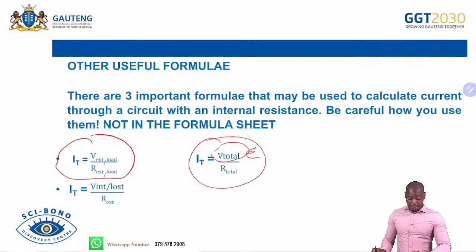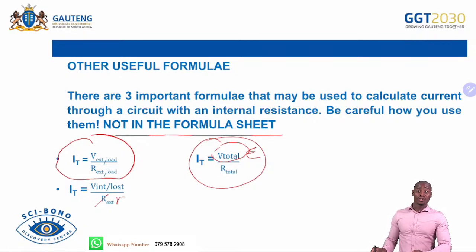Then I total equals lost volts over small letter r, not R external, so it's V internal, or lost volts, over internal resistance. These equations are not on your data sheet, but you can use them. They are very useful when it comes to your electric circuits.